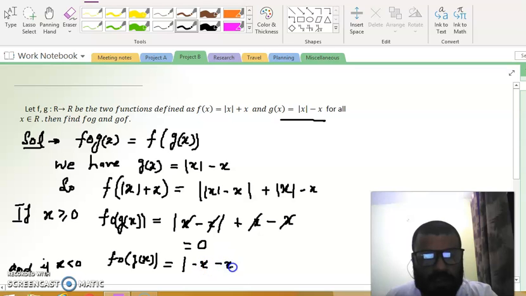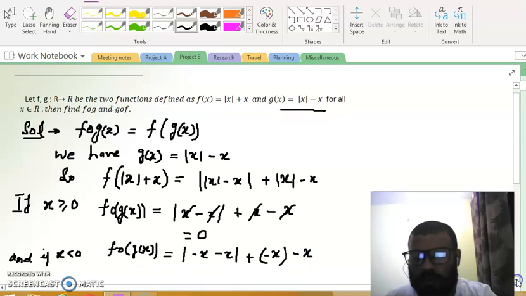This x is already negative, plus, and this x is also negative, minus x.